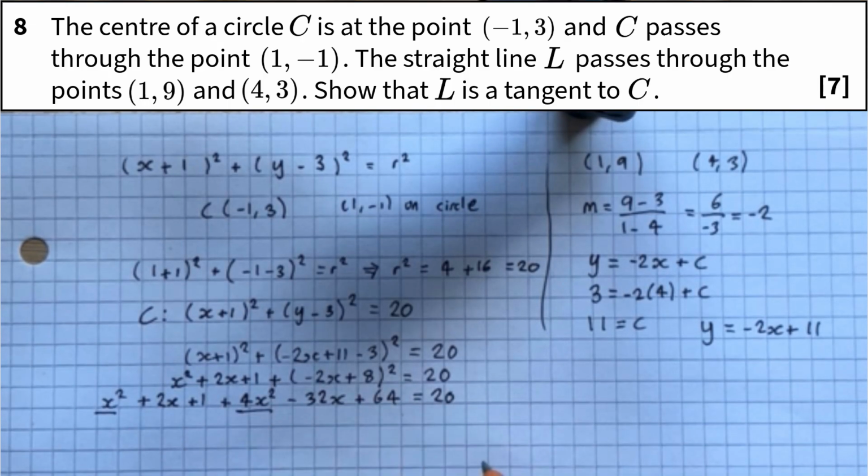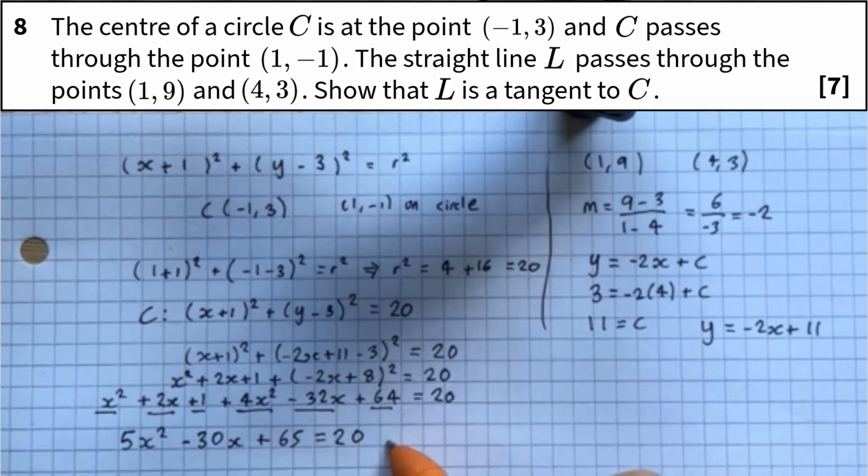And then I'll combine these two terms together to get 5x squared. I'll combine these two terms together to get minus 30x. And I'll combine 1 and 64 together to get plus 65. So that's still equal to 20. This is now a quadratic, so this should be very familiar.